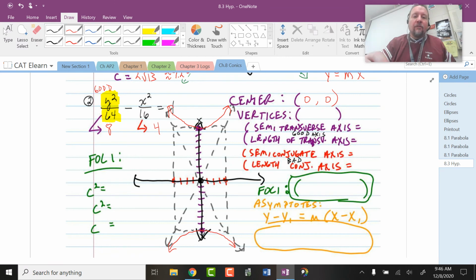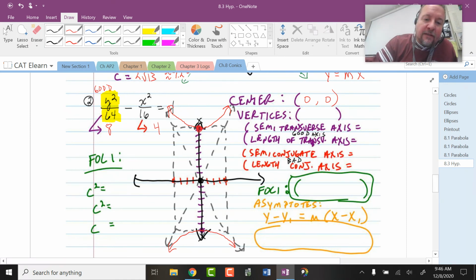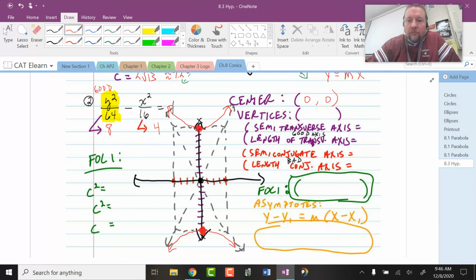Okay, so now the vertices. Let's get somebody else here. Mixing it up here. 5, 6, 7, 8. Abigail. Nice. What are those vertices? Well, those are just the vertexes, and I just want them as a coordinate, and I just highlighted those. So go ahead and chime in. What are the vertices? Oh, no, because plus or minus 8 comma 0 goes right left, right? Oh, no, those are the endpoints of the conjugate axis.